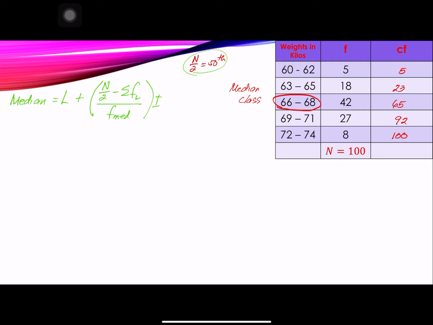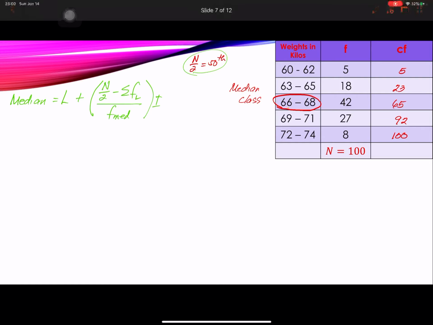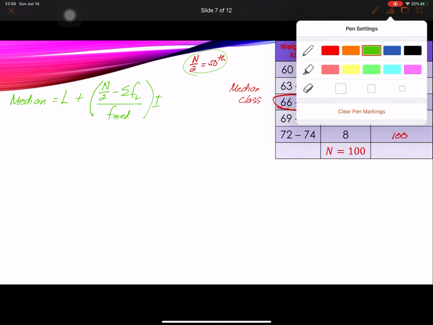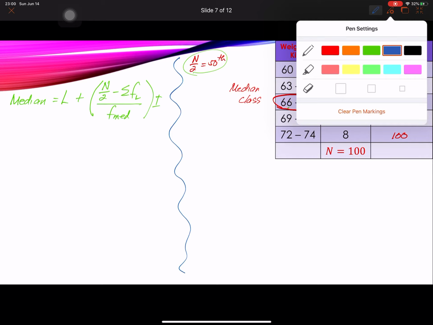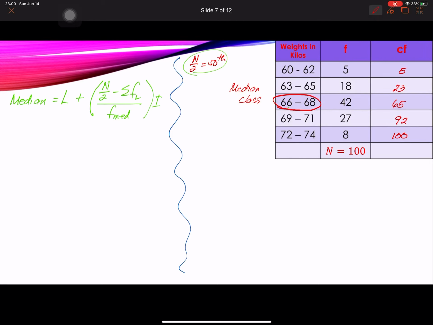And then our lower limit is 66. Let's have all the information here. I is equal to 3.